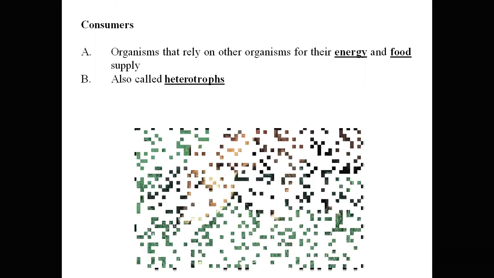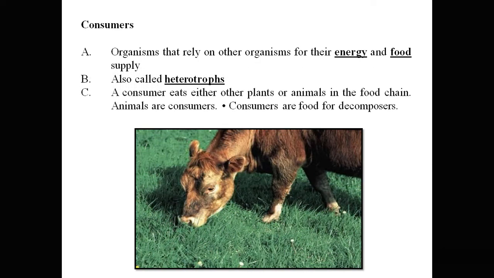Now consumers. Consumers are the organisms that rely on other organisms for their energy and food supply. They are also called heterotrophs. As producers are called autotrophs, they can synthesize their own food materials, consumers are called heterotrophs. Consumers eat either plants or animals in the food chain. All the animals are consumers.